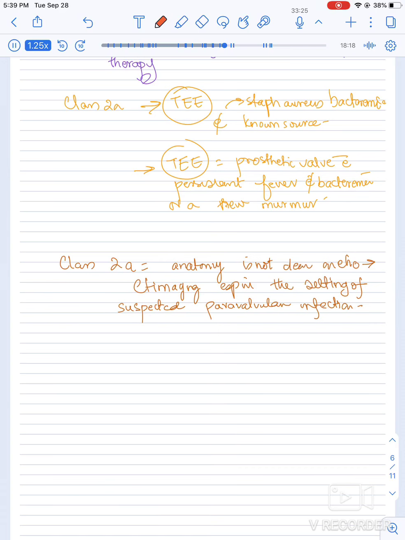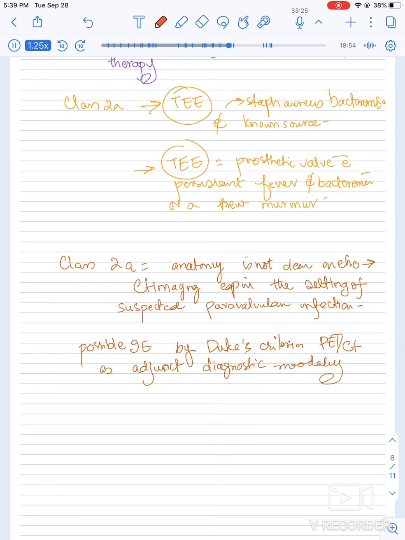And then another class 2A recommendation is if the patients have possible infective endocarditis by Duke's criteria, then one can consider a combination of PET and CT as an adjunct diagnostic modality. Again, this is also a class 2A recommendation.